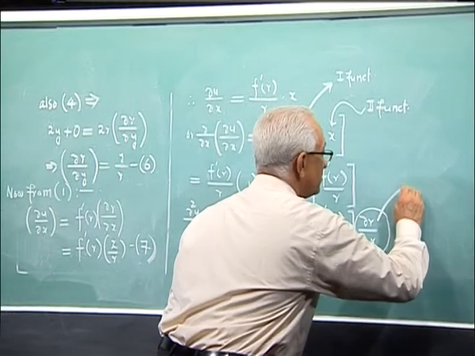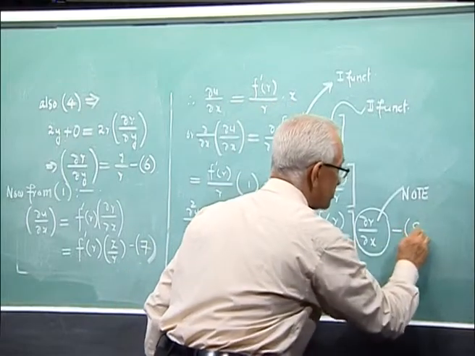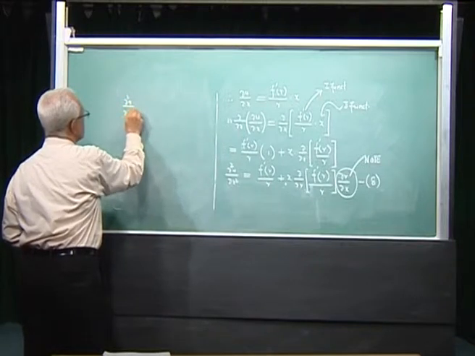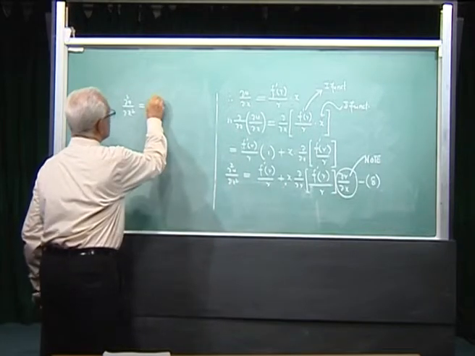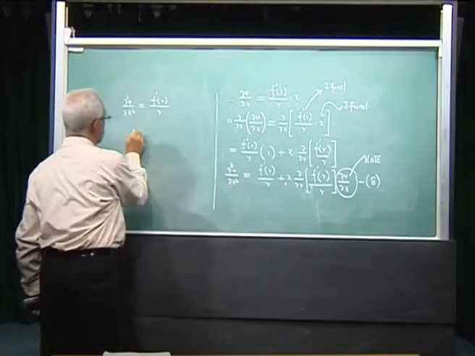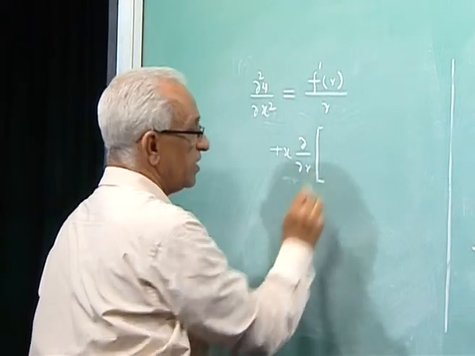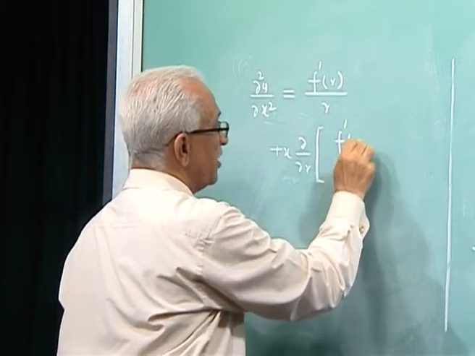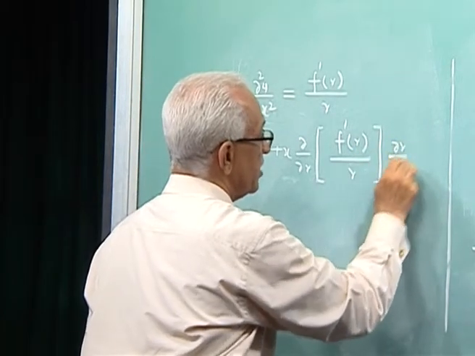So this is what I will prefer you to note, and we will mark this equation as 8. I'll be having d2u upon dx square, doing it with respect to x the second time, is equal to f dash r upon r, the first term, plus x times d/dr of f dash r upon r, and the whole thing times dr upon dx.